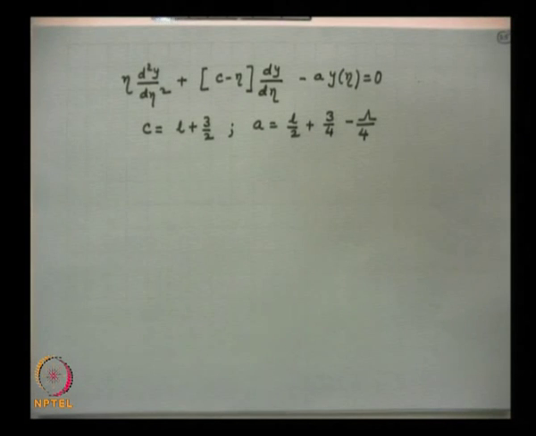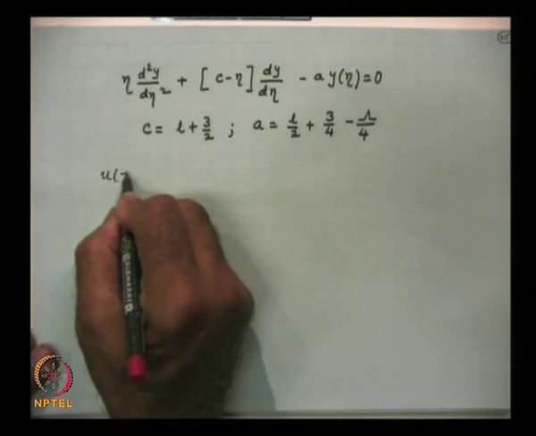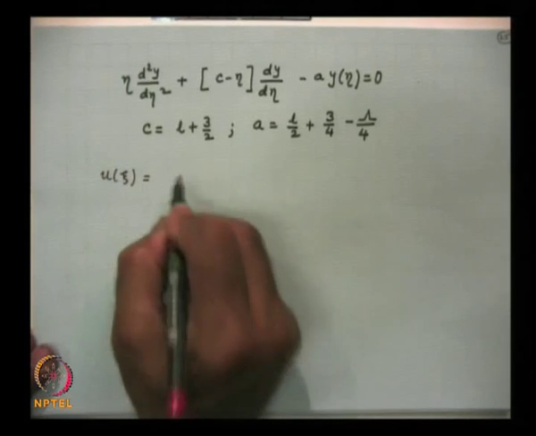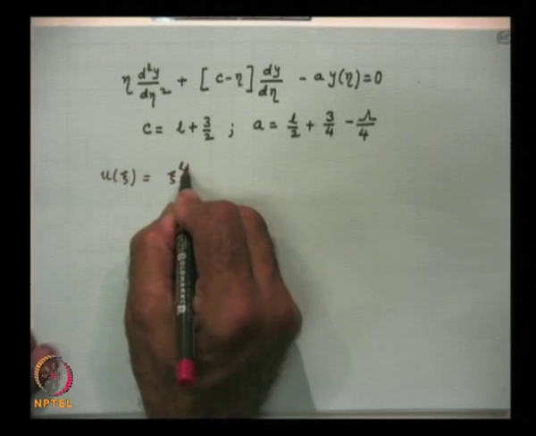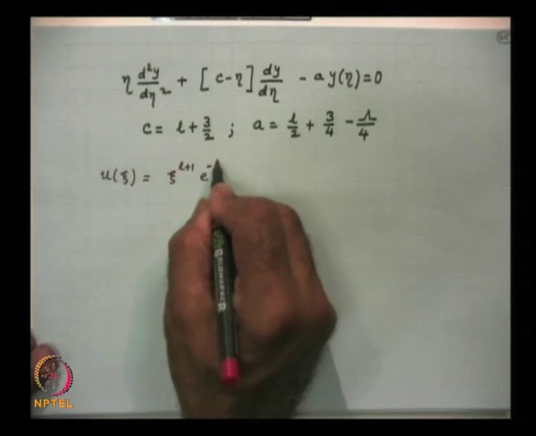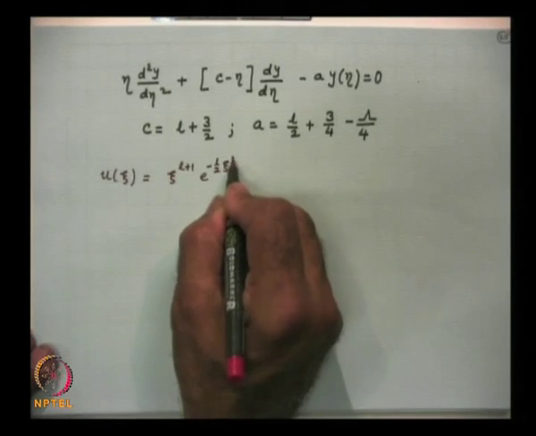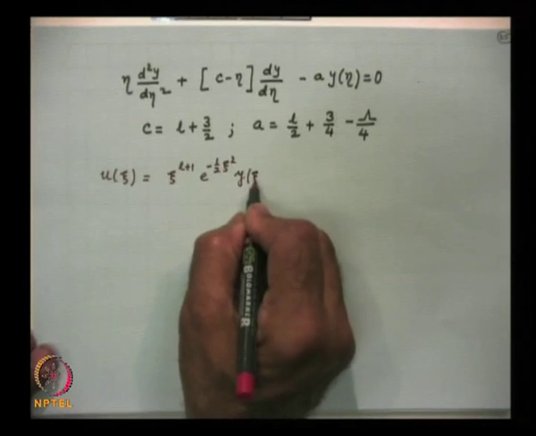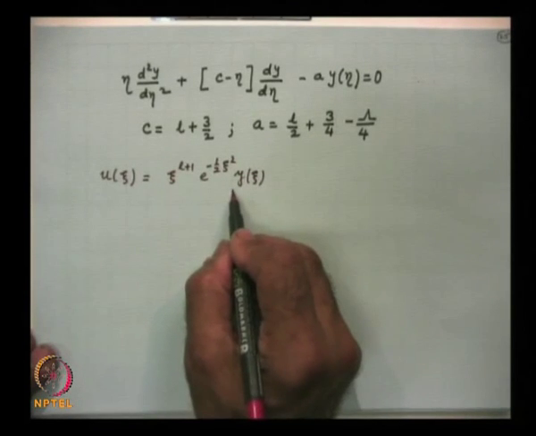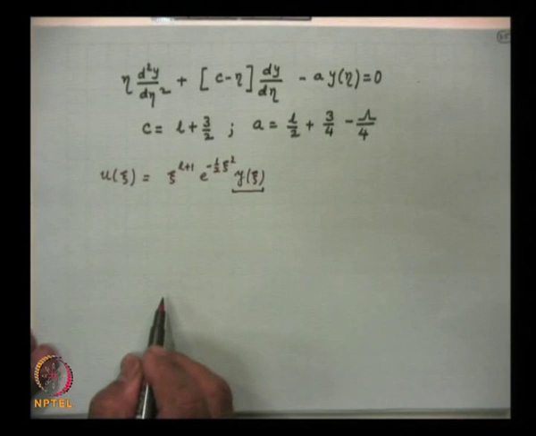So, once again what I have done is that I have written u of xi as xi to the power of L plus 1 e to the power of minus half xi square into y of xi, and then obtained an equation for y of xi.